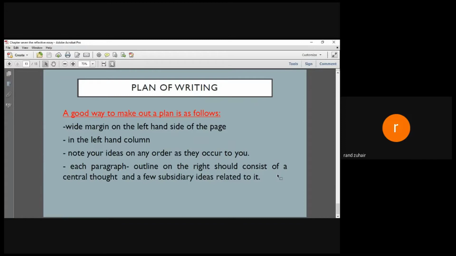Then on the right you put the general ideas and the paragraphs, their number, and what each paragraph includes. Note your ideas in any order as they occur to you. Each paragraph outline on the right should consist of a central thought and a few subsidiary ideas related to it.